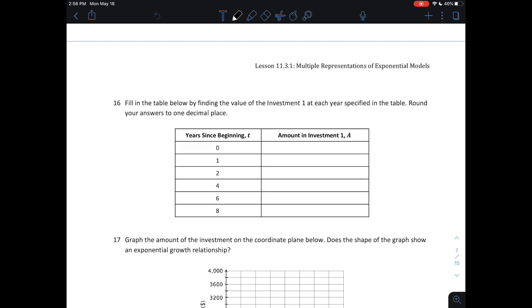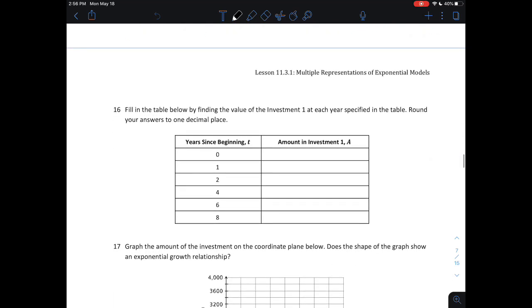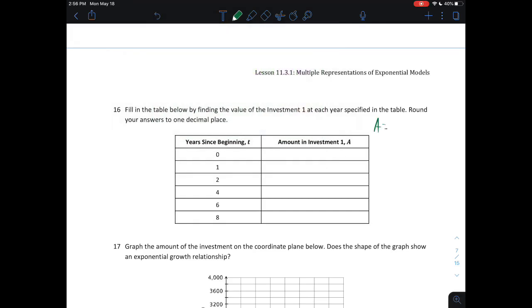Have a calculator definitely. First, we're going to start with t equal to 0. And let's just remember that when t is equal to 0, that's our initial value. So if you were to do this using the formula, you would have A equal to 1,000 times 2 raised to the power of 0 over 4. 0 divided by 4 is 0.